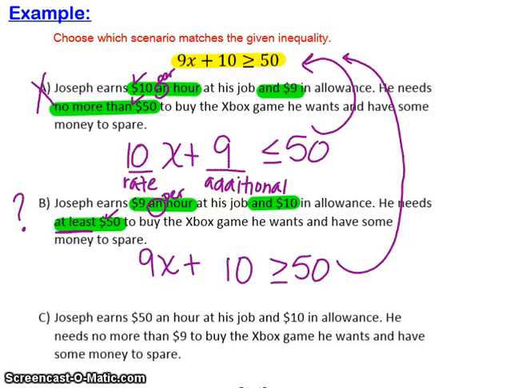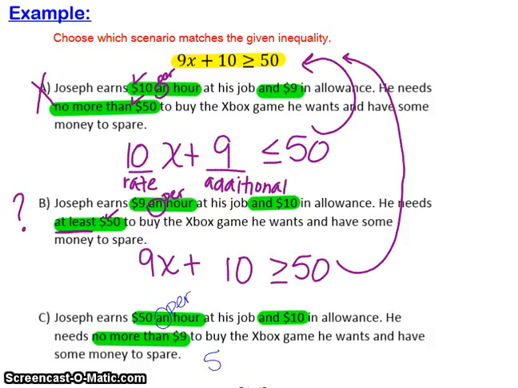Joseph earns $50 an hour at his job and $10 in allowance. He needs no more than $9 to buy the Xbox game that he wants and have some money to spare. So the first thing I want to do is highlight important information, $50 an hour and 10 and no more than 9. Okay, so $50 an hour. Remember that the word "an" is really similar to the word "per."